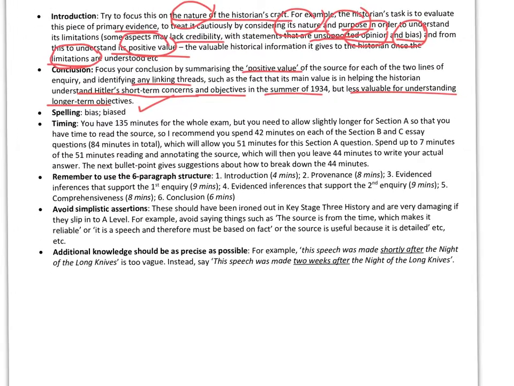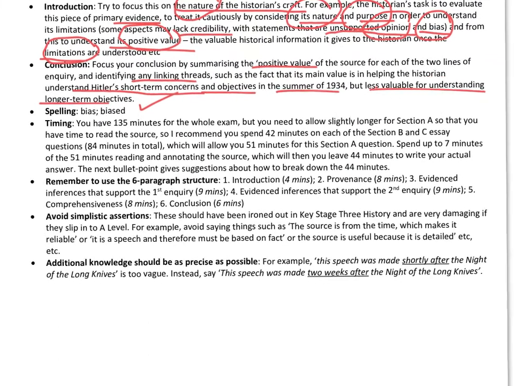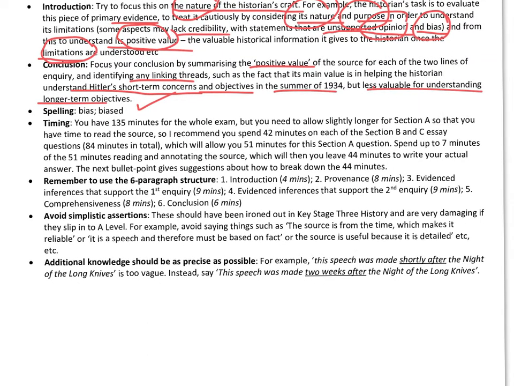Next one, timing. Timing is crucial. Remember, you've got 2 hours 15 minutes for the exam. That's 135 minutes. But as I said at the beginning, even though you do 3 questions and each question carries 20 marks, theoretically you spend 45 minutes on each of the 3 questions.